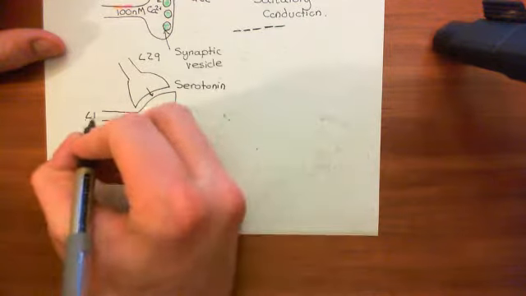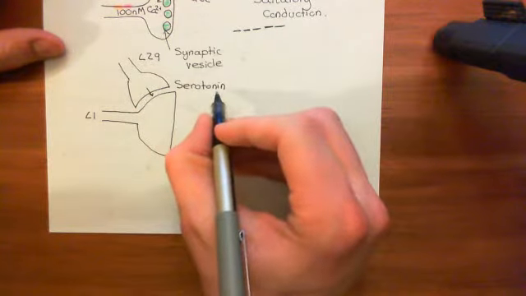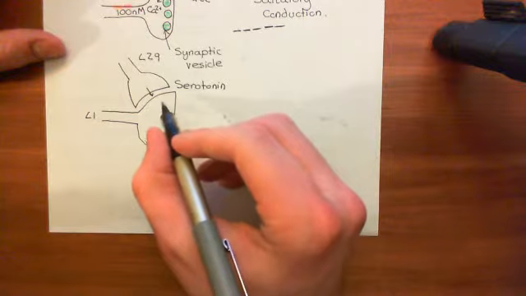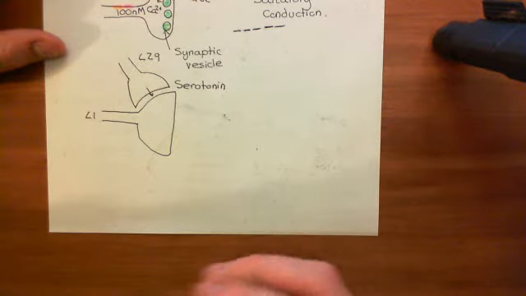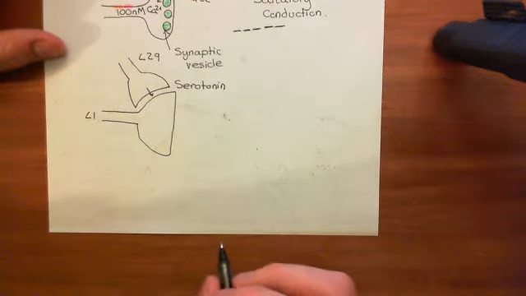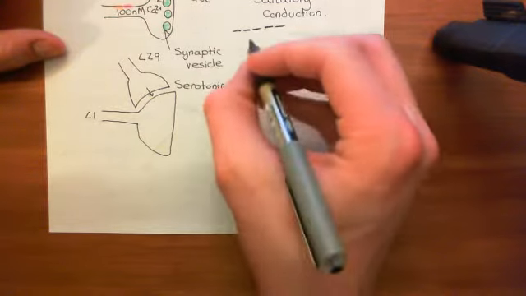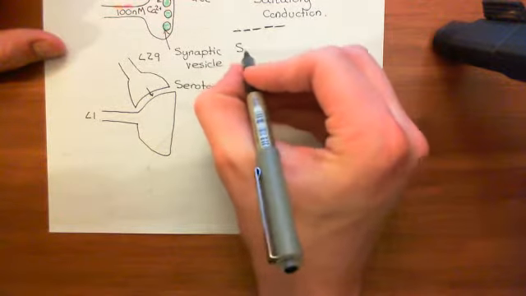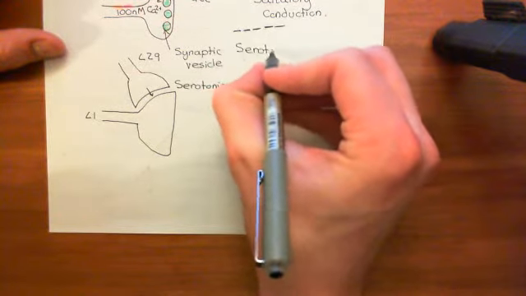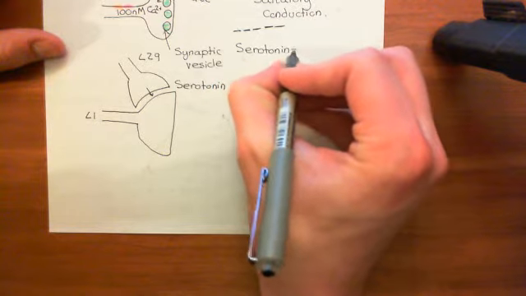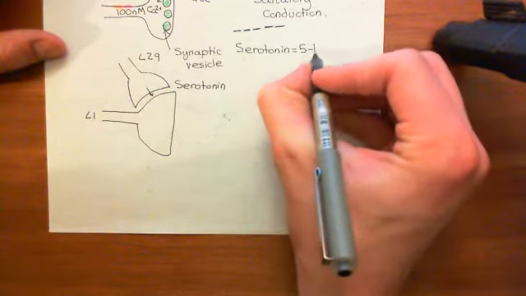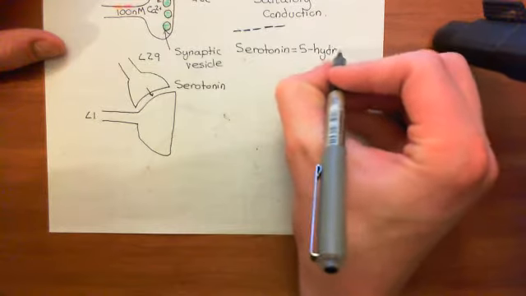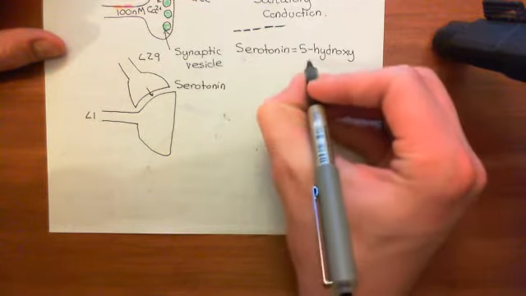Firstly, I would just like to discuss the structure of serotonin with you. Then we'll discuss the pathway which it's going to induce within the L1 sensory neuron axon terminal. Serotonin is also called 5-hydroxytryptamine, and it's based on the structure of the amino acid tryptophan.